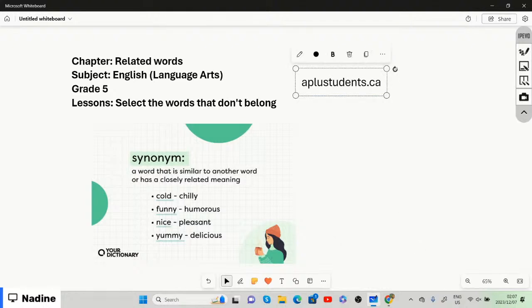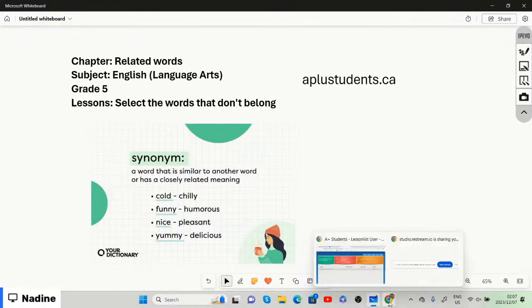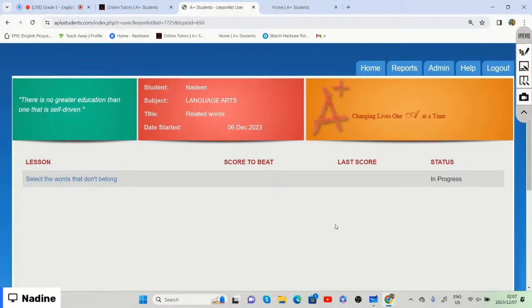And we are doing our lesson on aplusstudents.ca. We see that the lesson that we are focusing on is to select the words that don't belong.